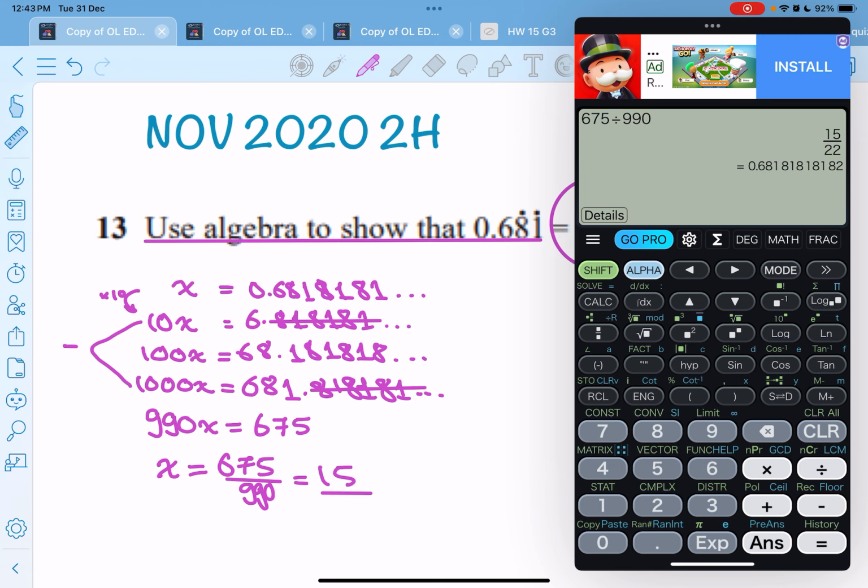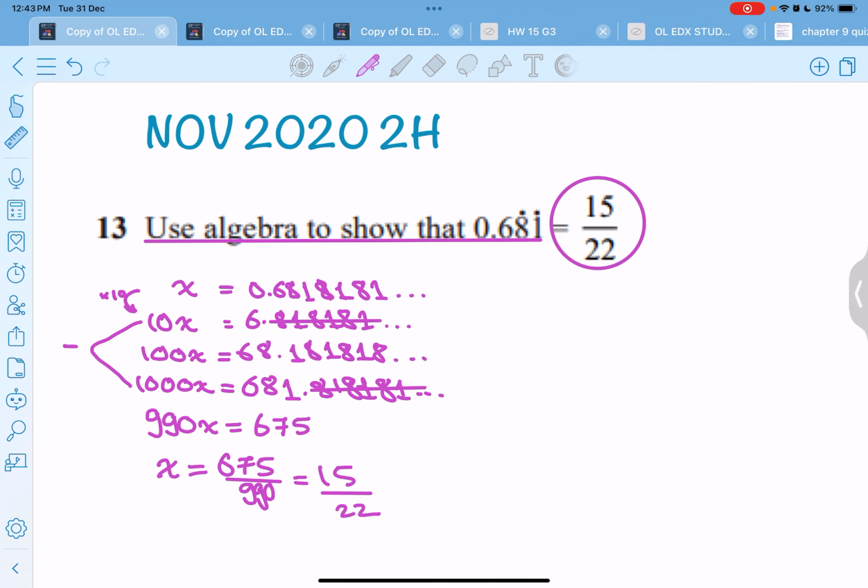15/22. Sometimes in other questions it won't be, so you must read the question very carefully. Because sometimes it tells you, show me that 0.791 equals some mixed number, like 1 1/8 9.